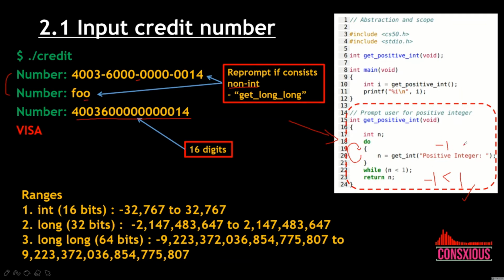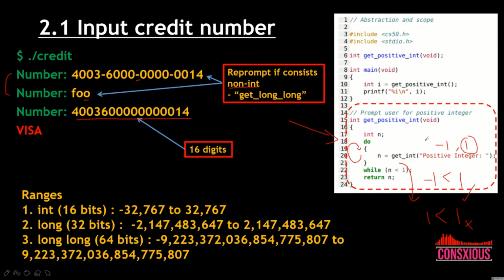For example, if the user keys in 1, is 1 less than 1? This is wrong. 1 is not less than 1. That's why it will break out from this loop. So that means we can confirm that the user is keying in a positive integer.